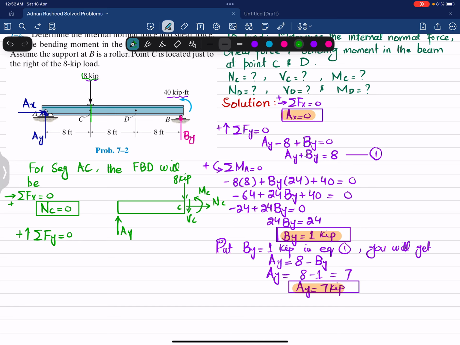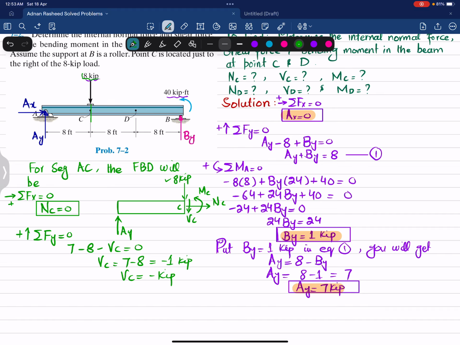So the first force is AY, which is 7 kips, upward. This minus 8 kip, which is downward, minus VC is equal to 0. So it means that VC is equal to 7 minus 8, which is equal to minus 1 kip. So I can write VC is equal to minus 1 kip.